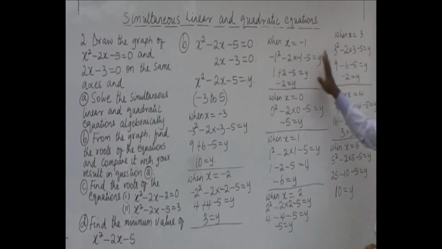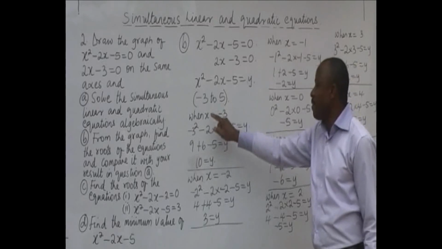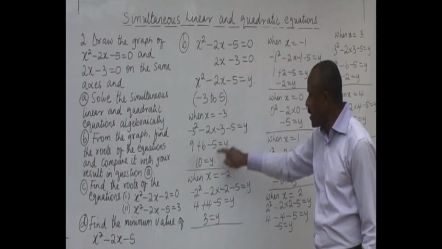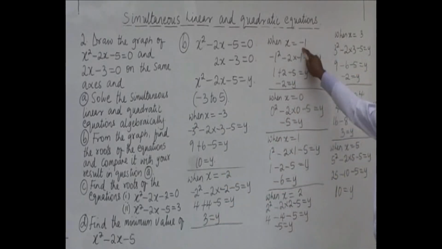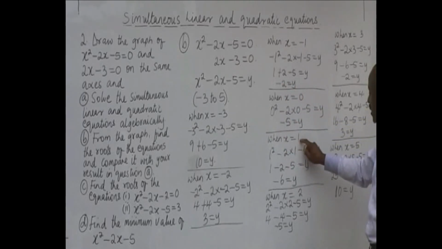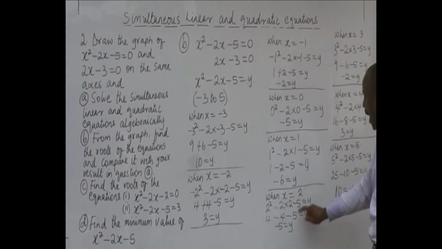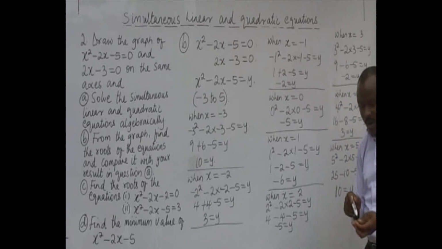When I clean off this, you are going to see the table of value mounted here, where you are going to have the value for x minus 3, y 10, x minus 2, y 3, x minus 1, y minus 2, x 0, y minus 5, x 1, y minus 6, x 2, y minus 5, x 3, y minus 2, x 4, y 3, and x 5, y 10. That is what we are going to see in the table of values.